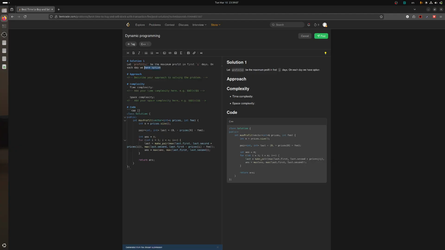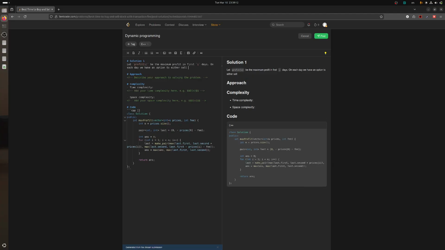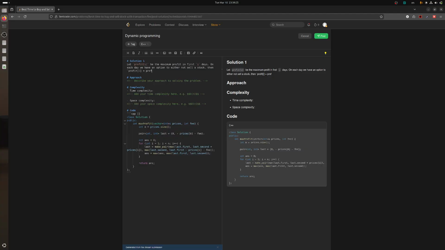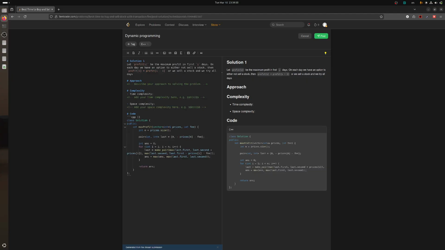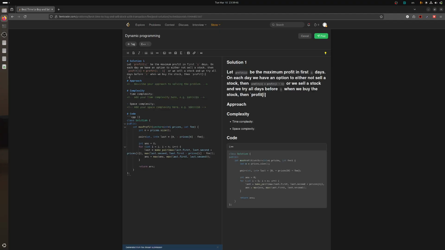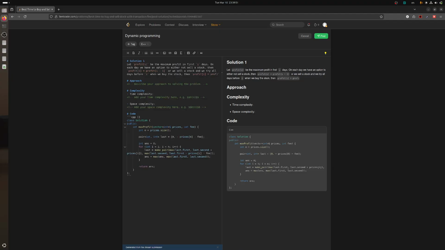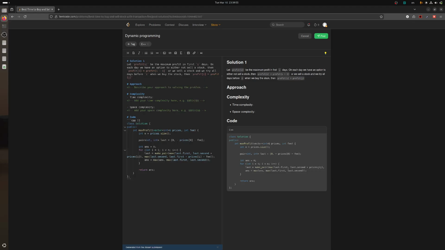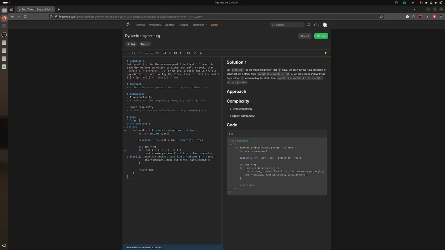We have an option to either not sell a stock, then profit I minus 1, or we sell a stock and we try all days before I. When we buy the stock, then profit I is equal to profit j plus prices I minus prices j minus fee, and pick maximum over all j.